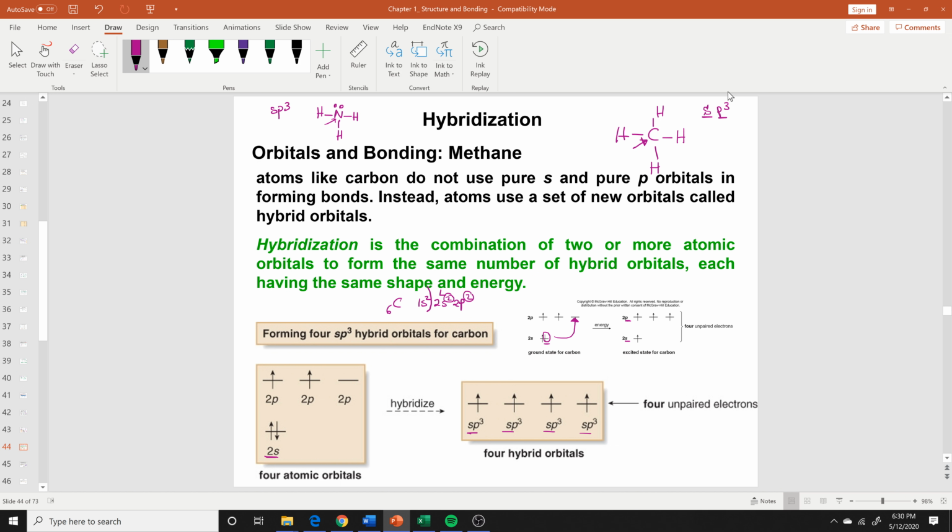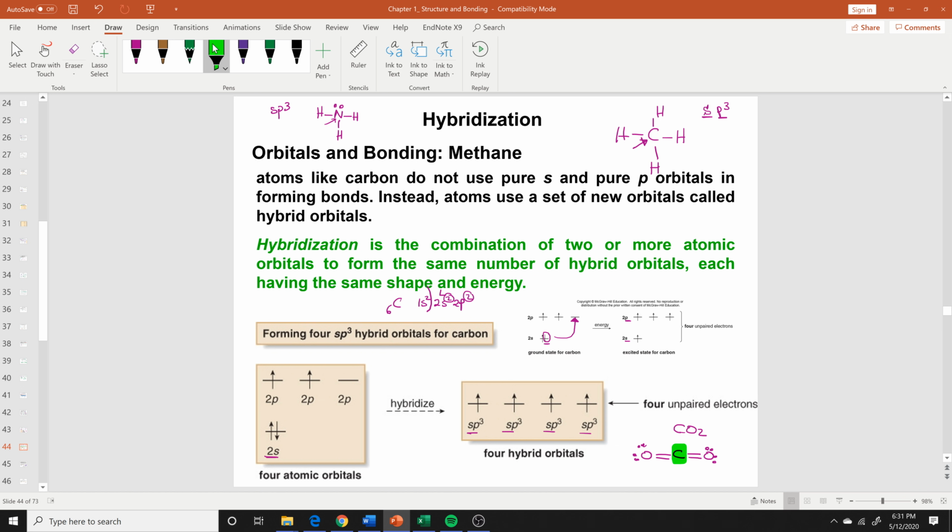Let's have another example. Let's see carbon dioxide, CO2. Again, draw the Lewis structure of CO2. This is the Lewis structure of carbon dioxide, with 2 lone pairs on either of the oxygens. What's the hybridization of the central carbon in here?